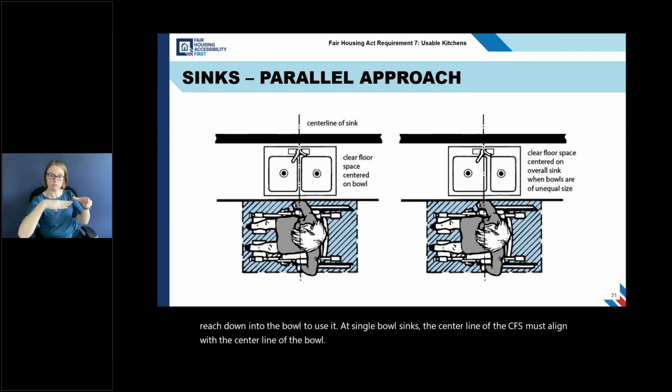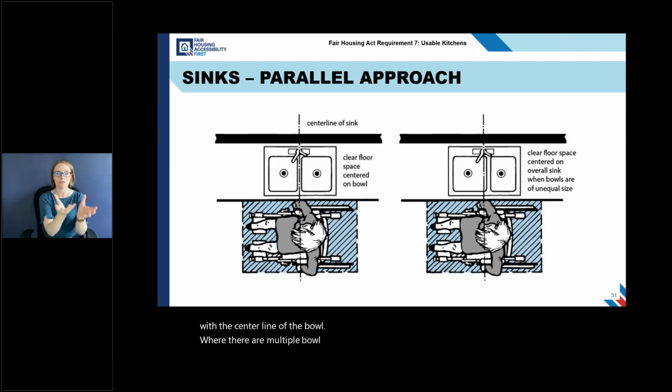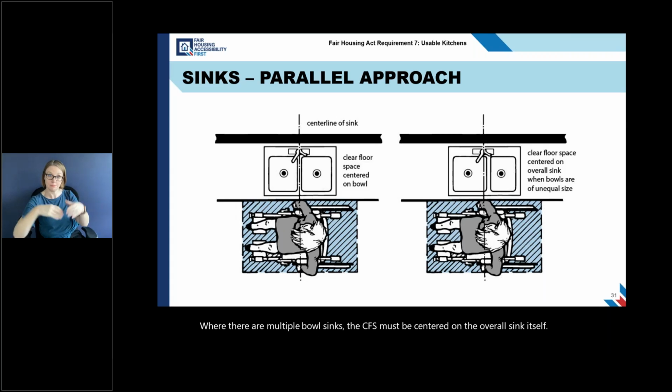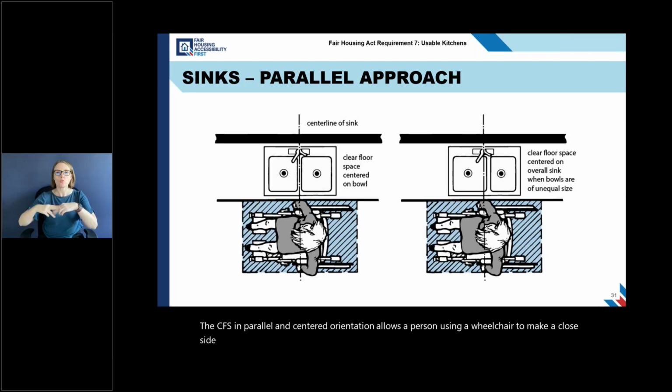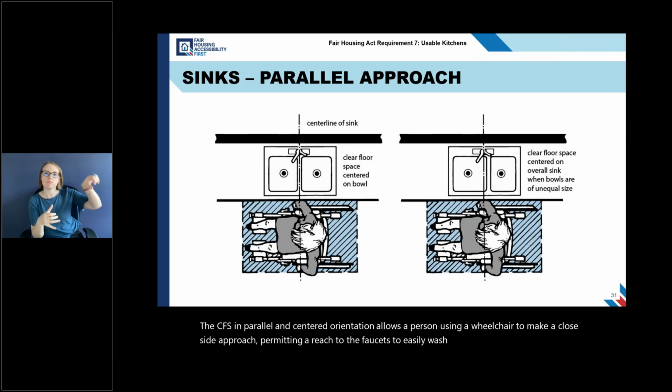Where there are multiple bowl sinks, the CFS must be centered on the overall sink itself. The CFS in parallel and centered orientation allows a person using a wheelchair to make a close side approach, permitting a reach to the faucets to easily wash dishes or food without excessive twisting in a wheelchair.